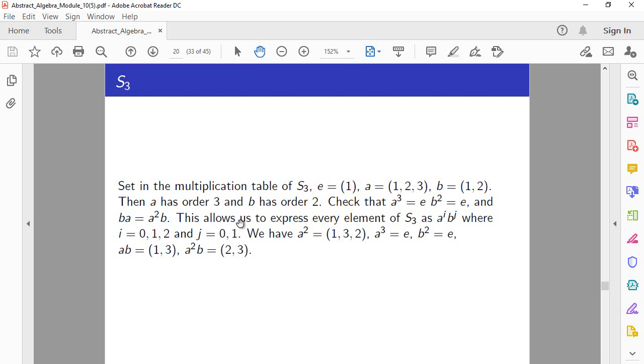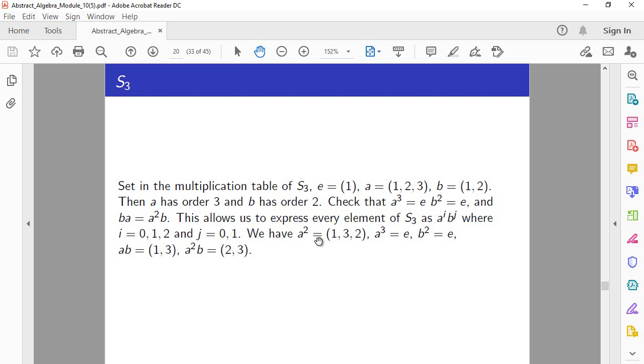Now, these 3 equations determine the entire group table. That is, we can express every element of S3 as a product of the form a to the i times b to the j, where i could be 0, 1, or 2, and j could be 0 or 1.